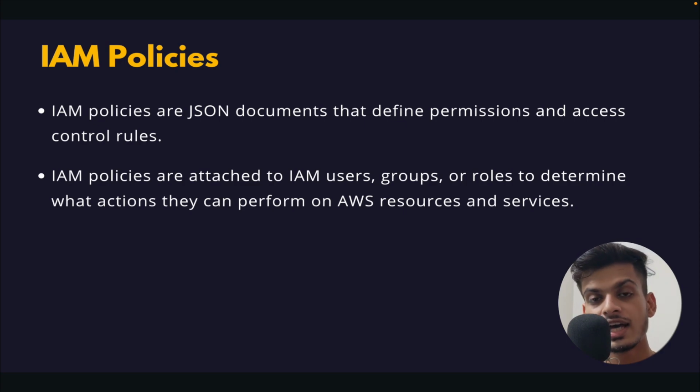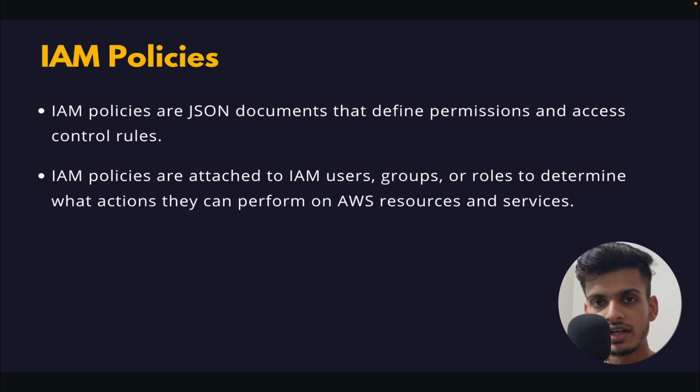These are policies that enable a user to use certain services of AWS. And IAM policies are JSON documents that define permissions and access control rules. IAM policies are attached to IAM users, groups, or roles to determine what actions they can perform on AWS resources and services.